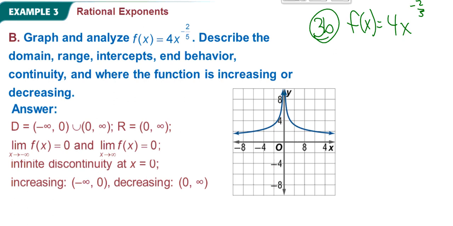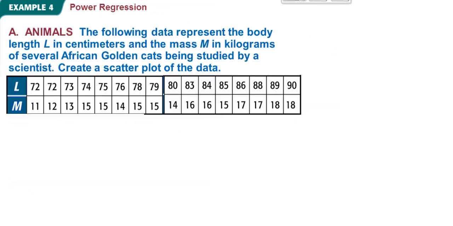So the next thing we have to do, and we're going to do this in the next lesson, but I'm going to have you get set up in this lesson. What you need to do is make a scatter plot of this data. This is 4A, and so you should write down this table of values.